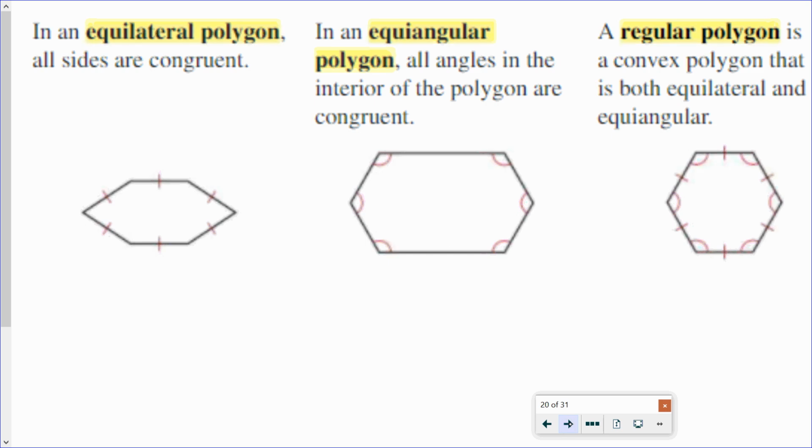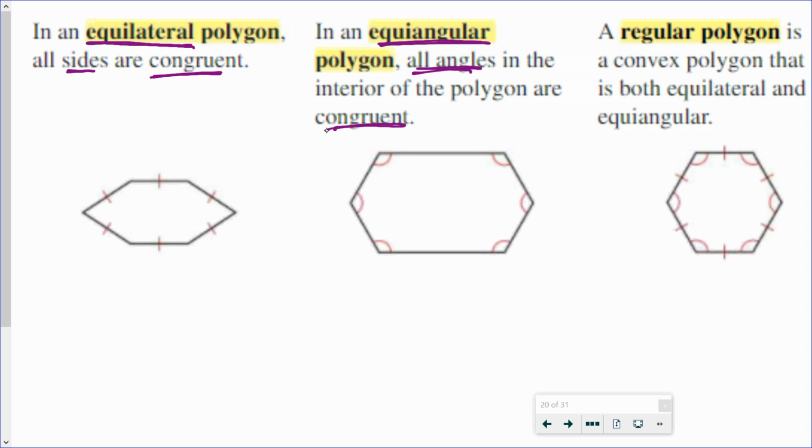Okay, in an equilateral polygon, I want you to add, so equilateral, lateral meaning sides, all sides are congruent. Highlight this, okay? All sides are congruent, and then go ahead and draw that picture. In an equiangular polygon, that means that all of the angles, highlight this, are congruent.